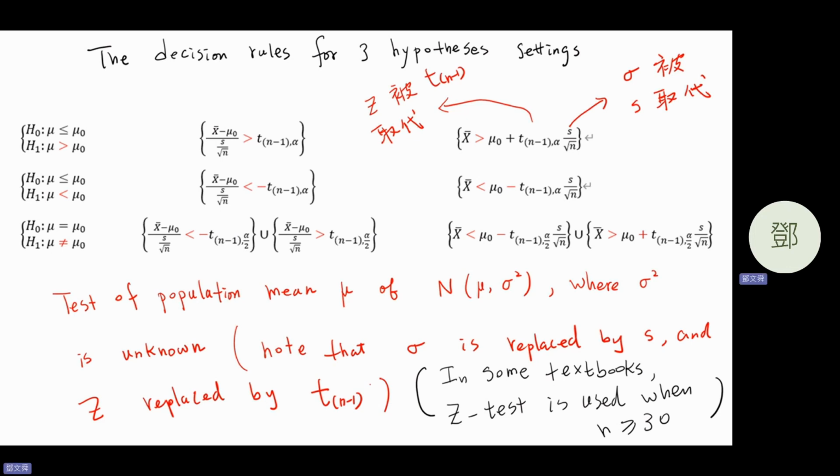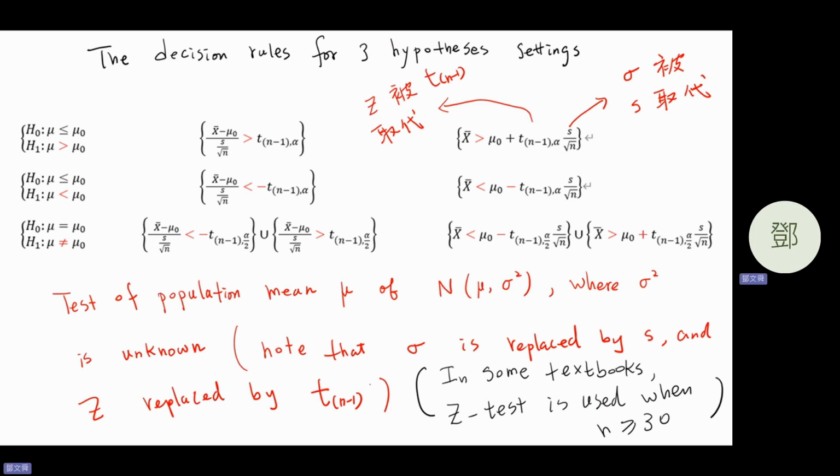Where sigma is unknown. So where are the changes? Sigma is replaced by s, and the z table is replaced by the t table. The degrees of freedom is n-1.